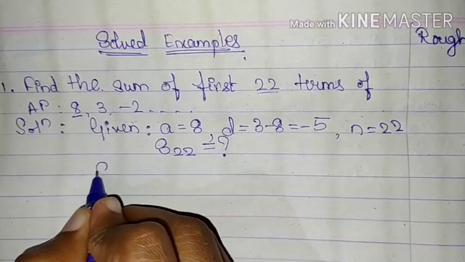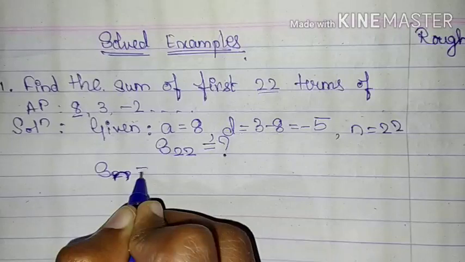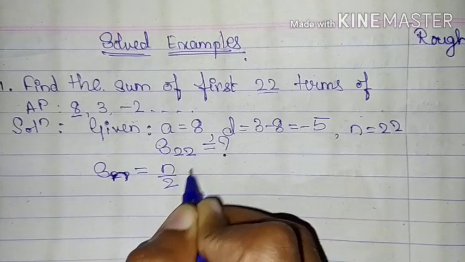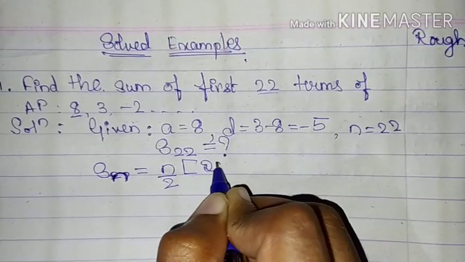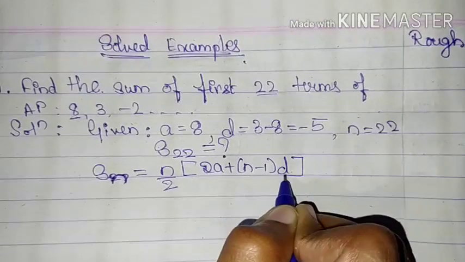So Sn is equal to n by 2 into 2a plus n minus 1 into d.